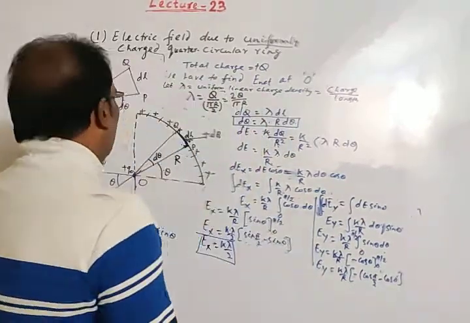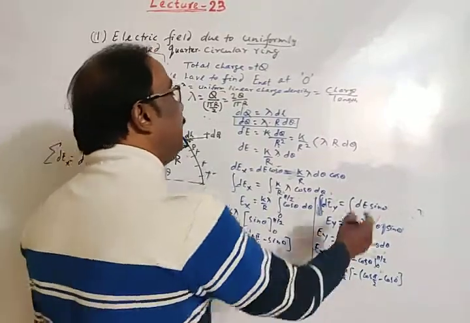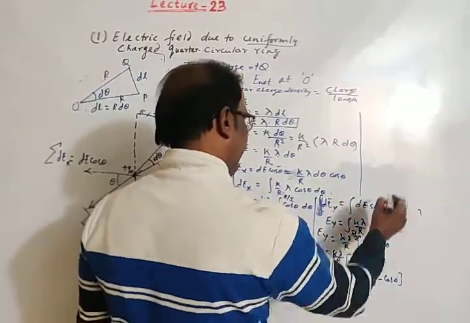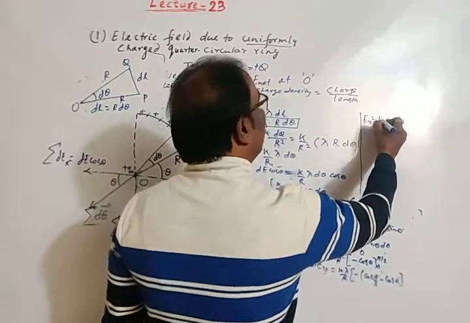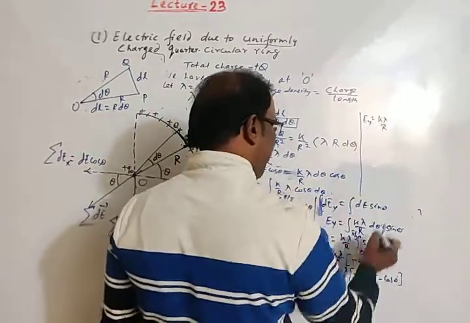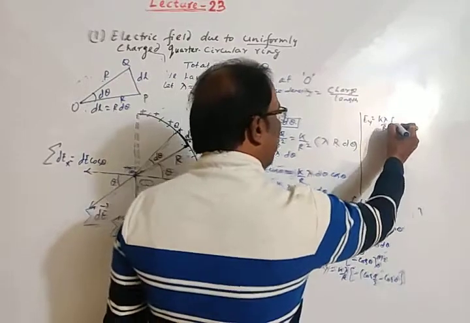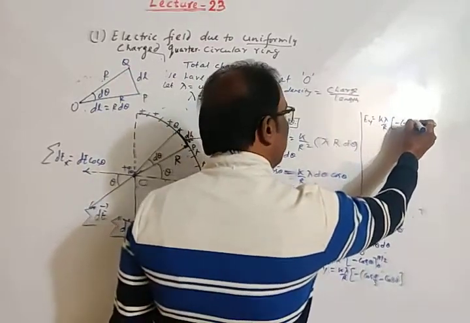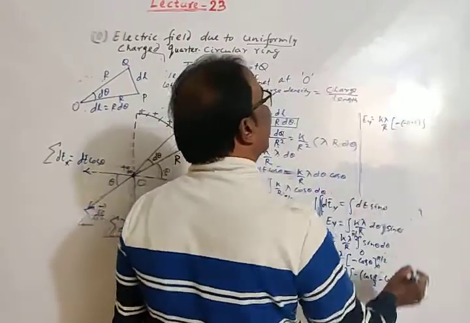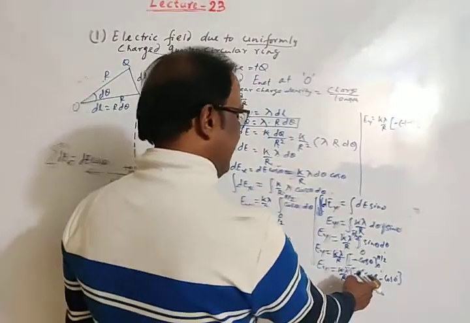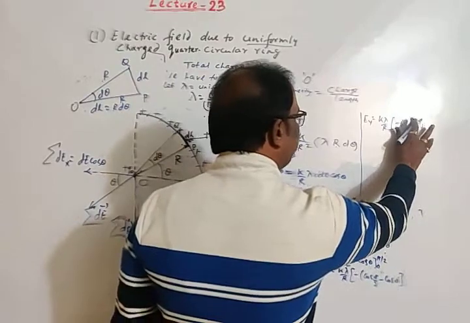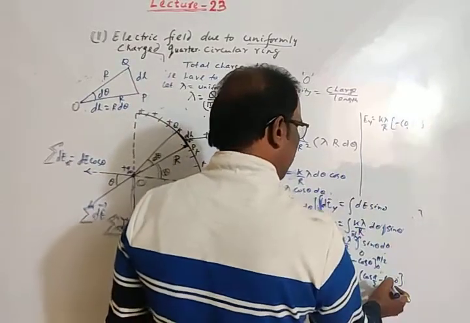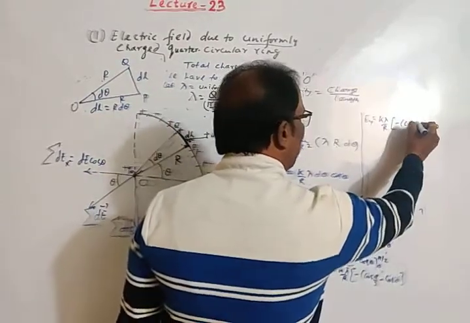Cos pi by 2 is 0, minus cos 0 is minus 1.